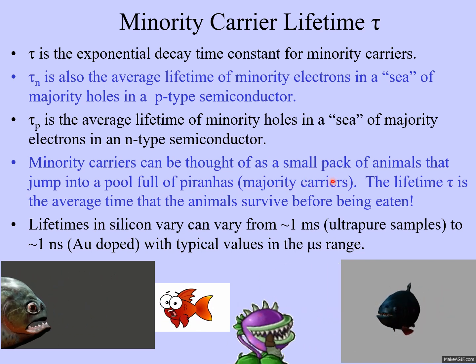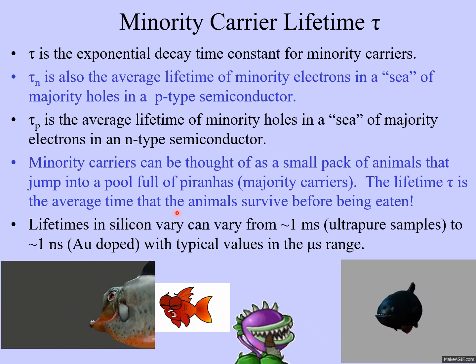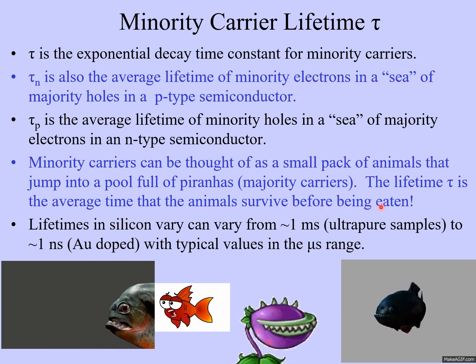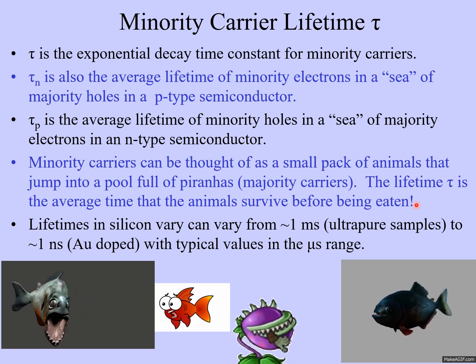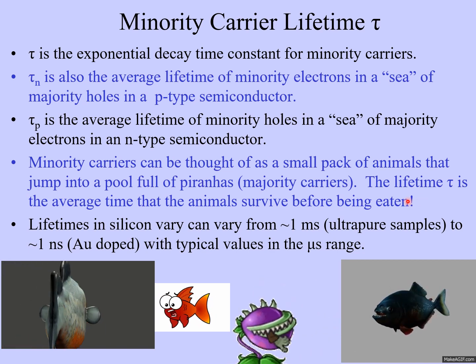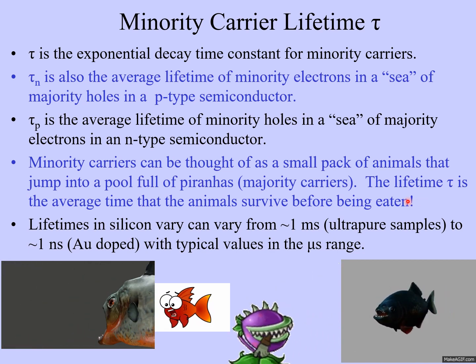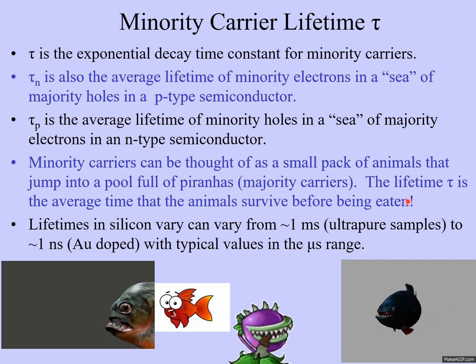So lifetime, tau, is the average amount of time that those mice survive before they get eaten. That's the idea here. We've got these minority carriers, and they can't last forever because all those majority carriers are going to swallow them up by recombination.